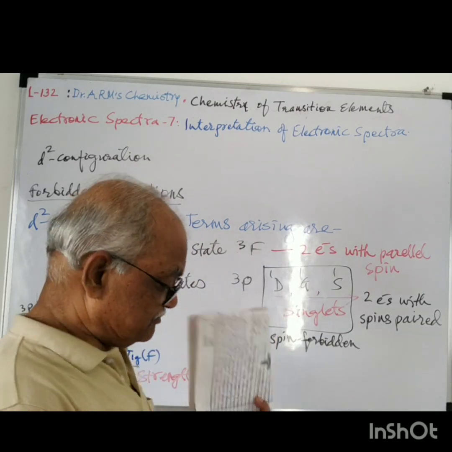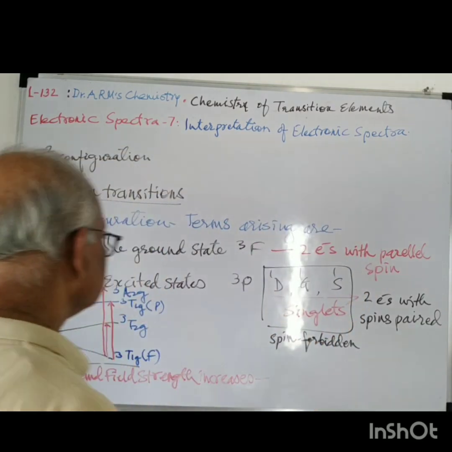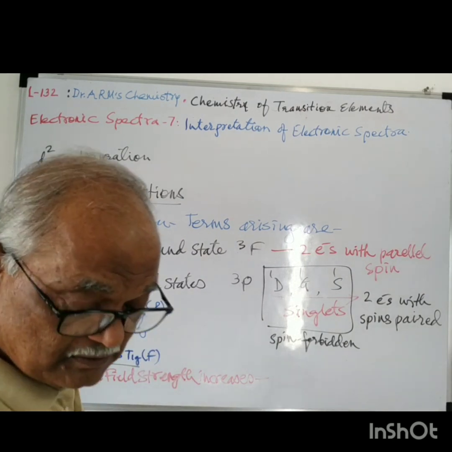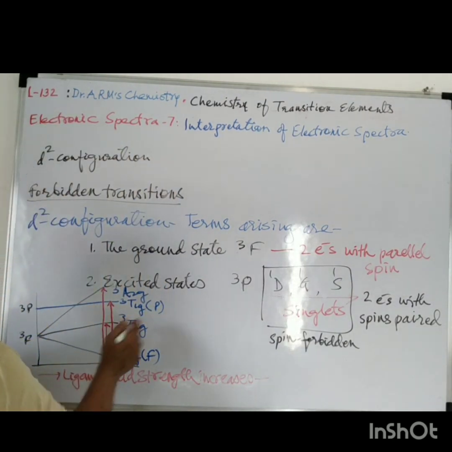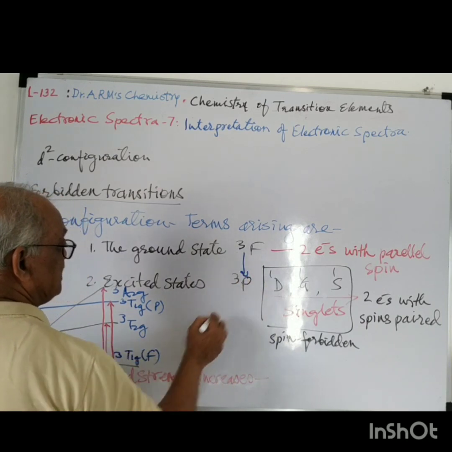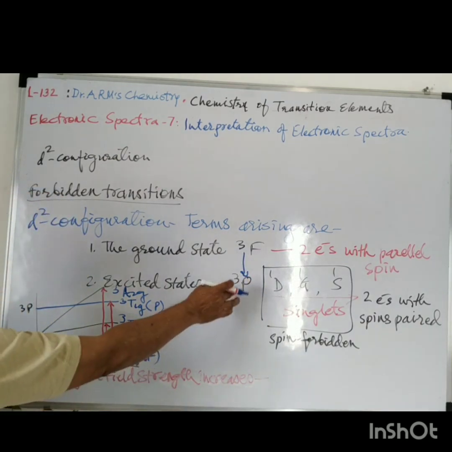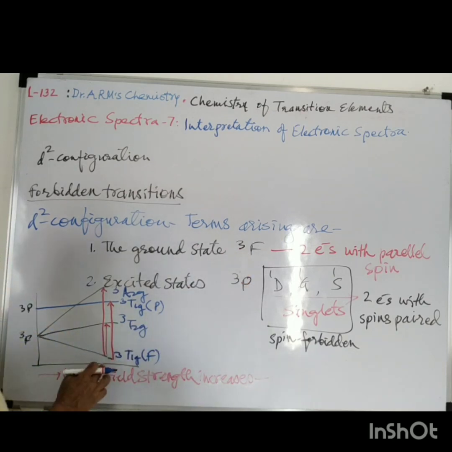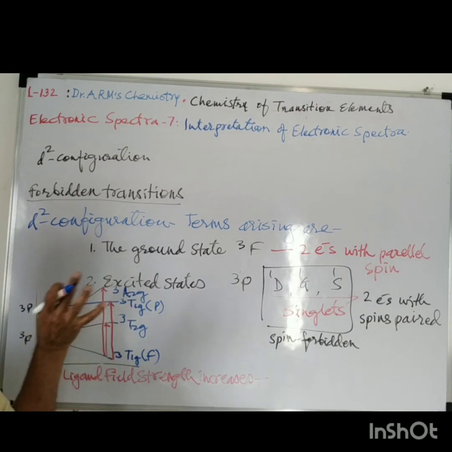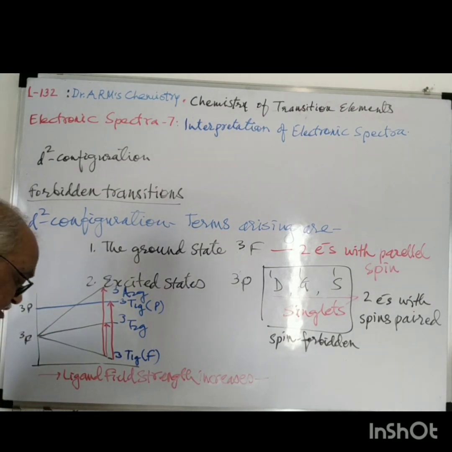Means not allowed. But the transition from 3F to 3P is allowed. We have shown that the transitions from the triplet T1G of F to the triplet T2G of F, or the triplet T1G and the triplet A2G, are allowed. So three transitions are possible here.